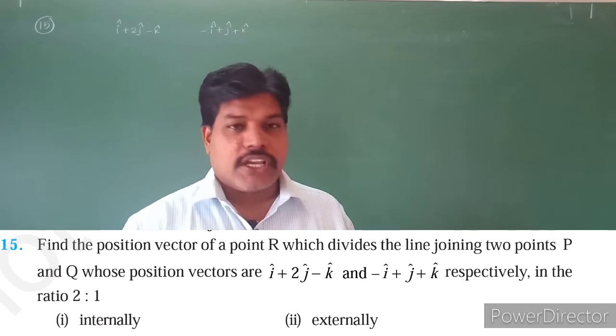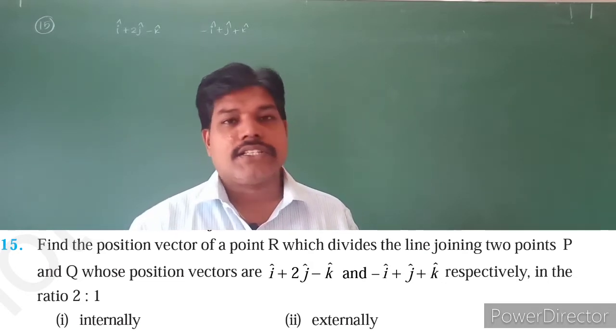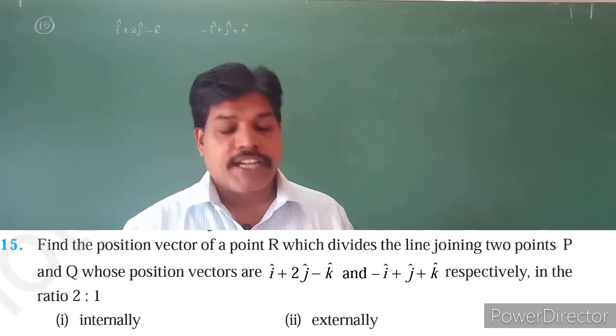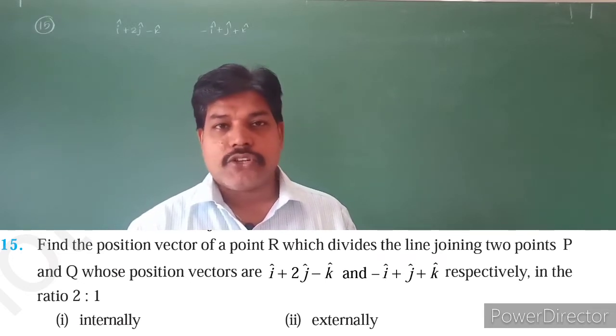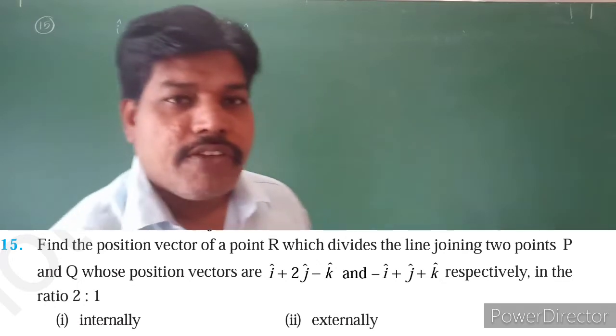So they are asking you to calculate the point R which divides the line segment PQ bar joining the two points in the ratio 2:1 internally and externally. I have already given the formula.